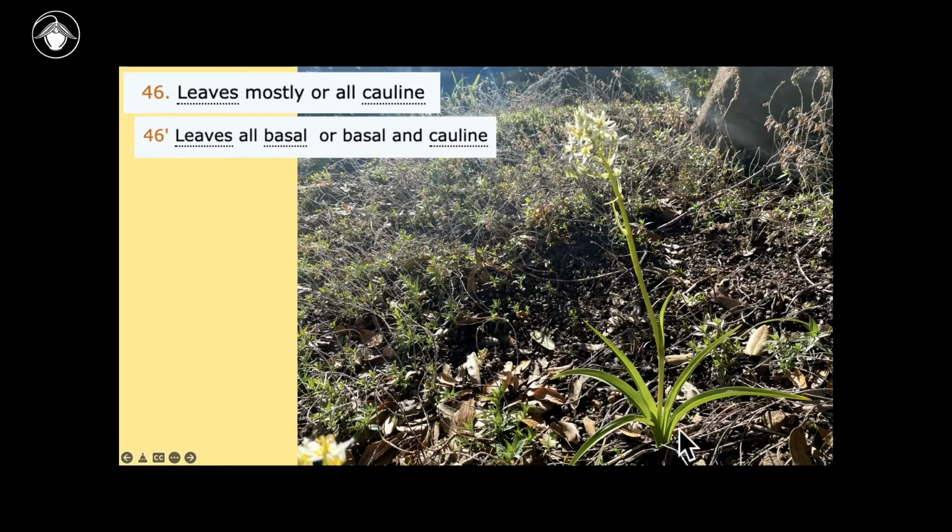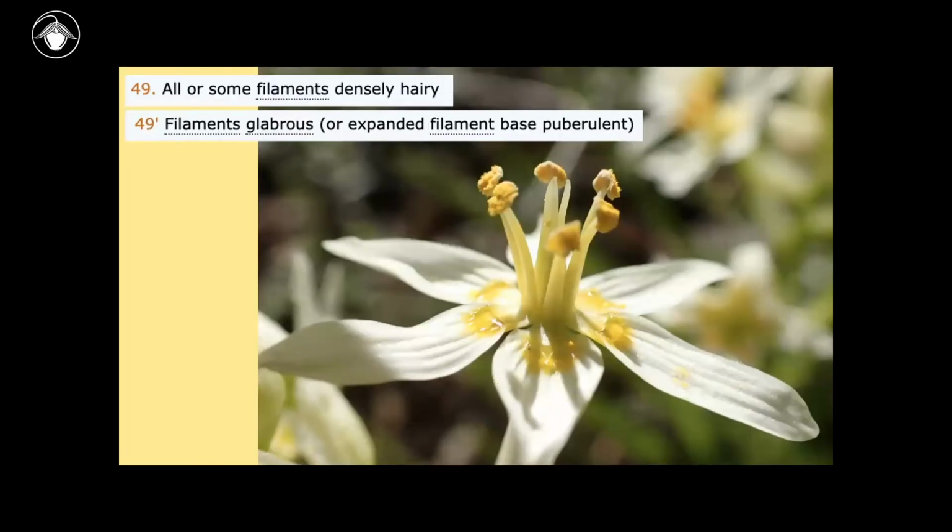We have mostly basal leaves here. All or some filaments densely hairy, or filaments glabrous, or expanded filament bases puberulent. We have glabrous filaments.